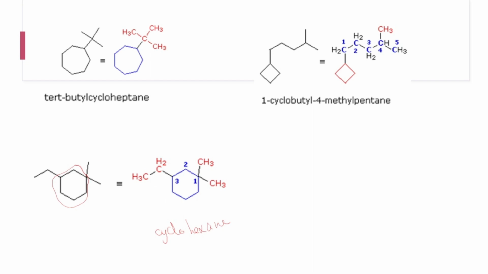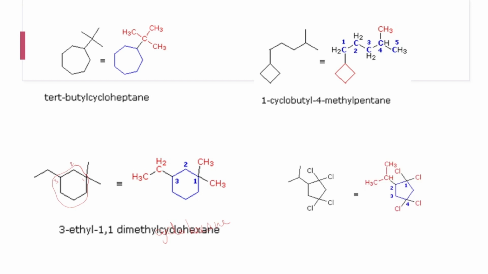So of course I will start from this side, as it has the least possible numbers. So I have 1,1-dimethyl 3-ethyl cyclohexane. And don't forget the alphabetical order, commas between numbers, and hyphens between numbers and letters. Let's go to the last example.